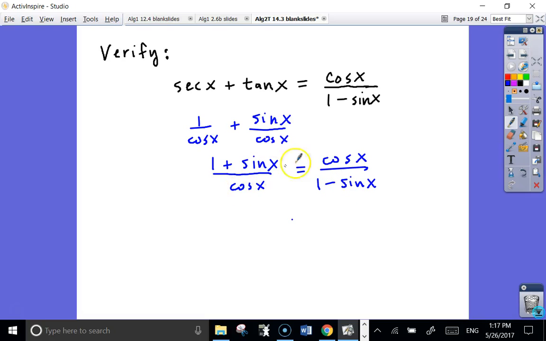And then I'm going to get cosine squared on the other side. So by doing this, I'll get 1 plus sine x times 1 minus sine x equals cosine squared x. And then that is 1 minus sine squared.